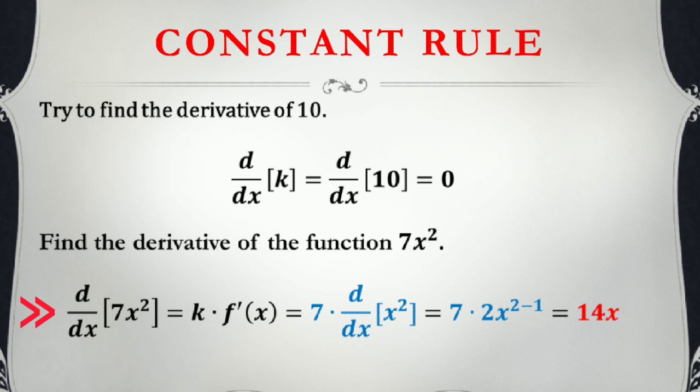So 7 times the derivative of x squared equals 7 times 2x to the power of 2 minus 1. Every time you use derivative, we always subtract the power by 1, meanwhile bringing down the power. And so, we are left with 7 times 2x since 2 minus 1 is 1. Therefore, the answer is 14x.